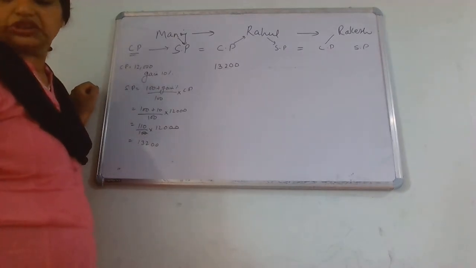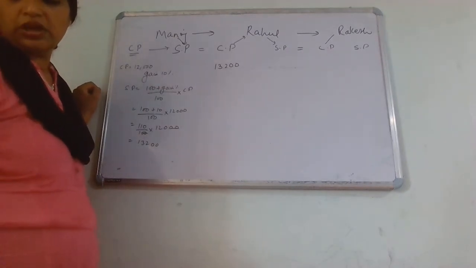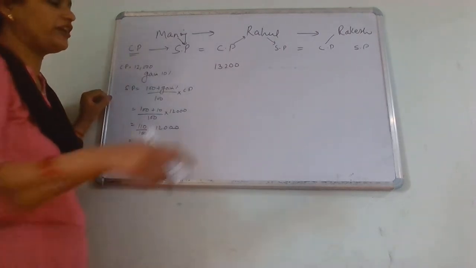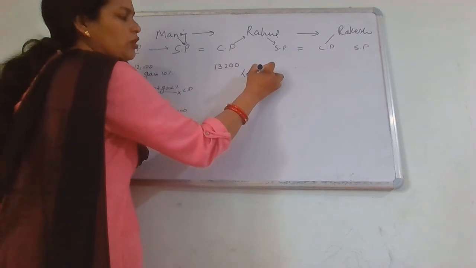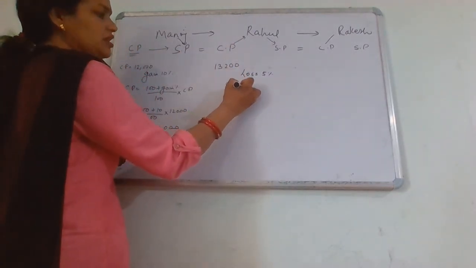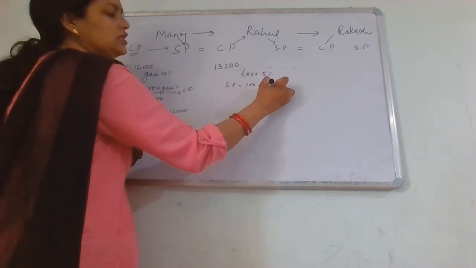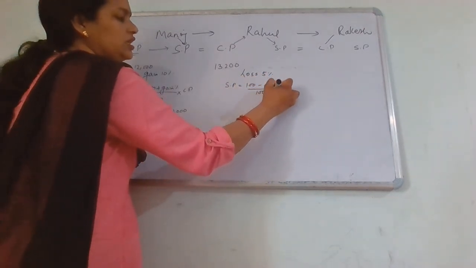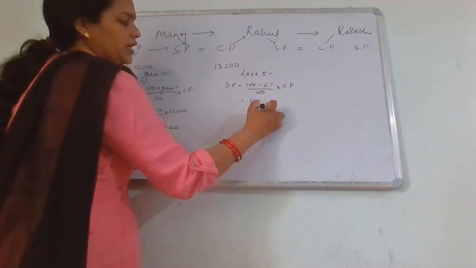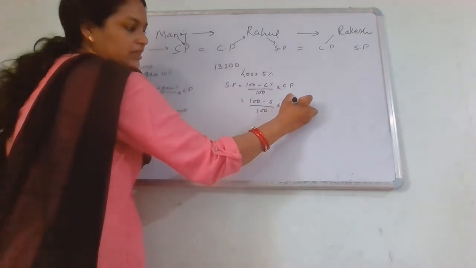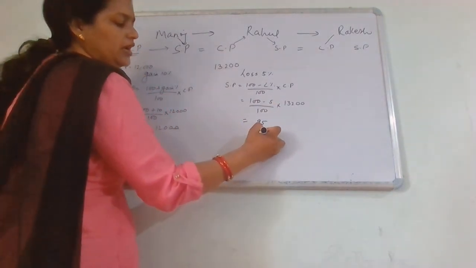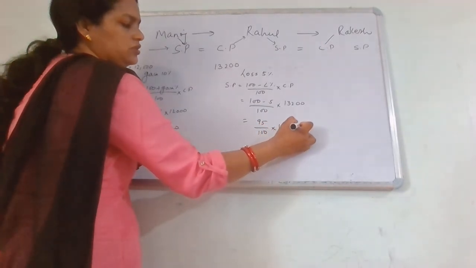Now, in the next line, what is it? If Rahul sells it to Rakesh at a loss of 5%, here he is getting loss of 5%. So what is the selling price? Selling price is equal to 100 minus loss percent upon 100 into CP. So this is 100 minus 5 by 100 into 13,200. So this will be 95 by 100 into 13,200.